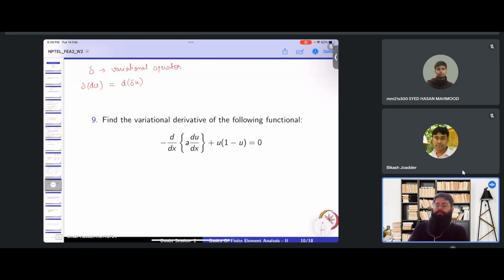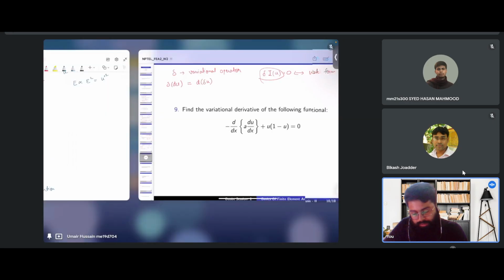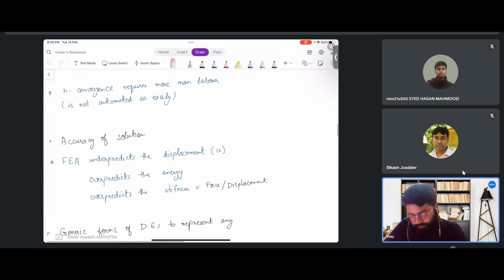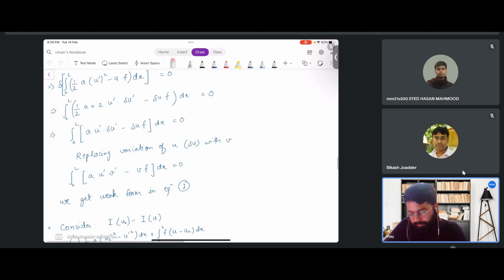These are certain rules we follow. And while proving the equivalence of the strong form and your weak form, I use the same way to calculate this variational derivative del I. I remember it was done a little differently in the class, but I used the variation operator in this way.